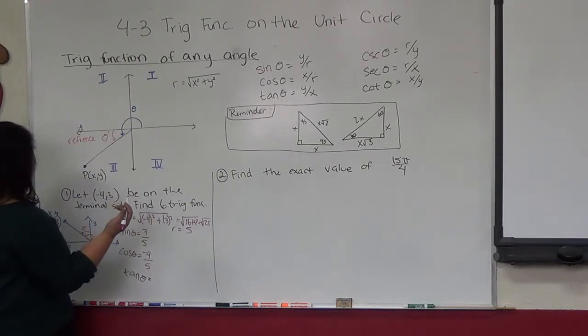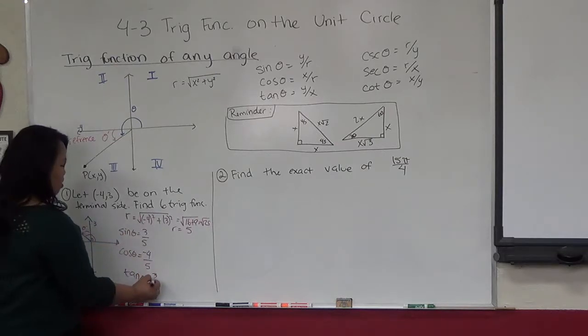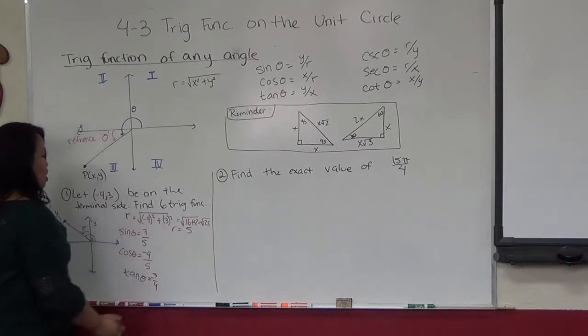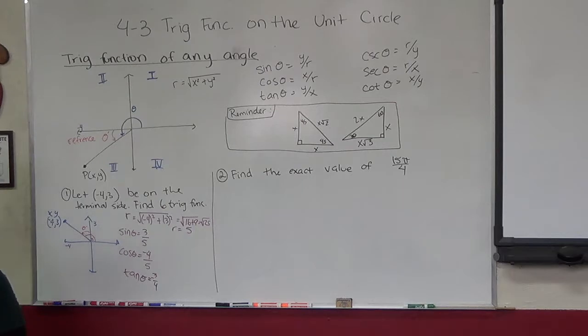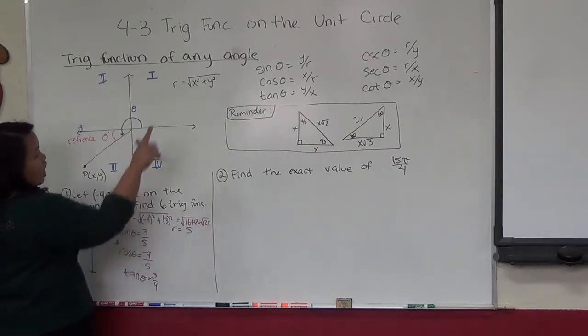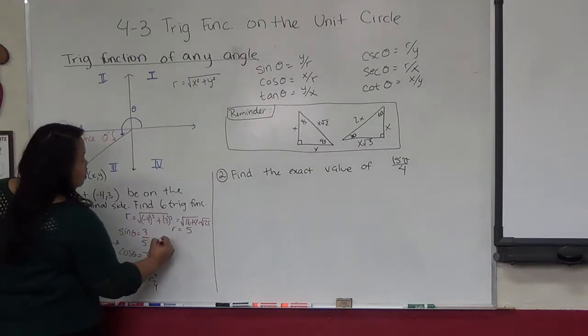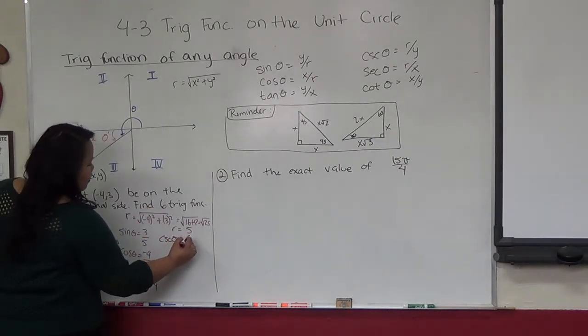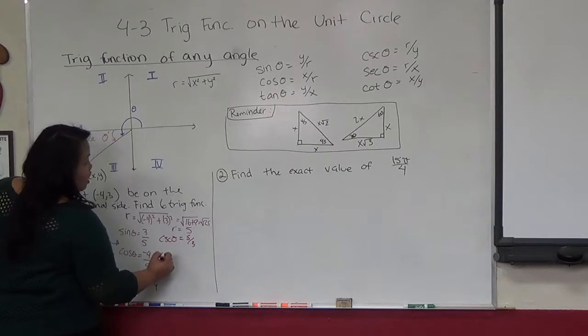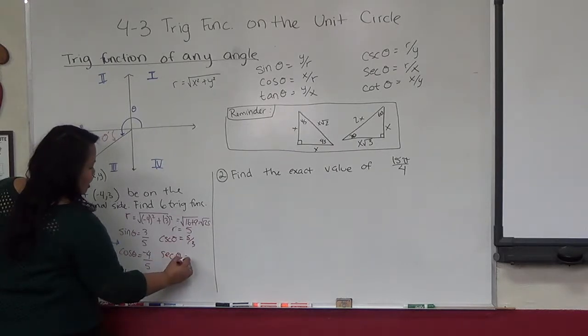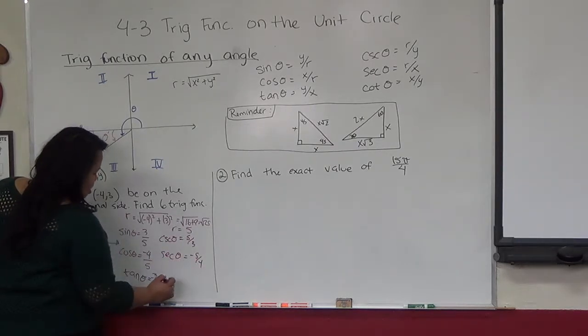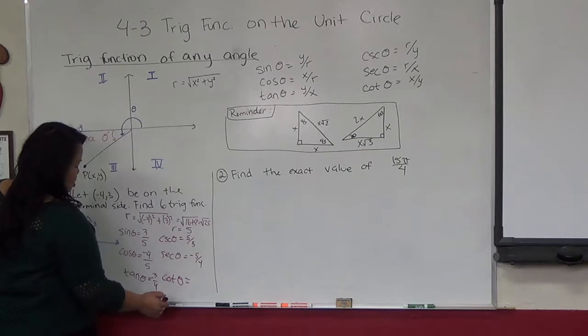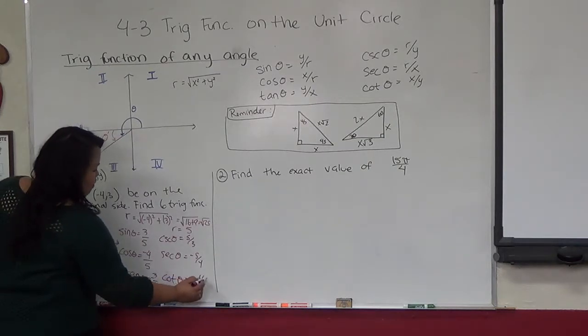Y over x, so 3 over negative 4. And then the opposite is just flipping. So cosecant theta is 5 over 3. Secant theta is negative 5 over 4. And cotangent theta equals negative 4 over 3.